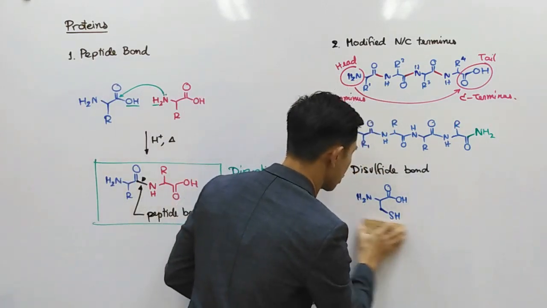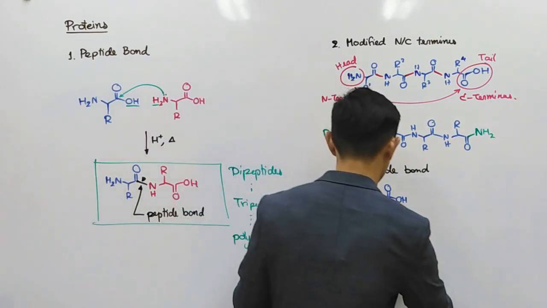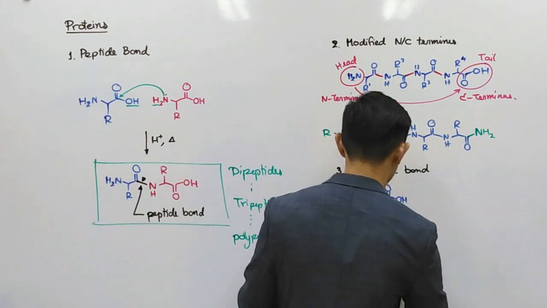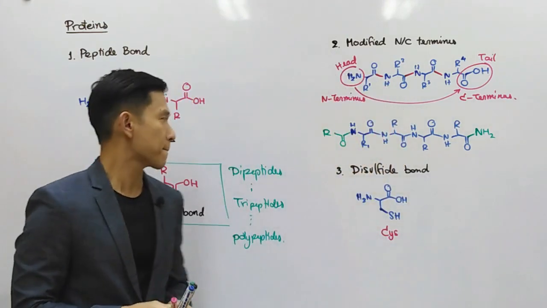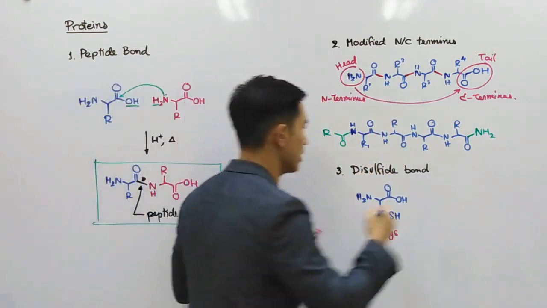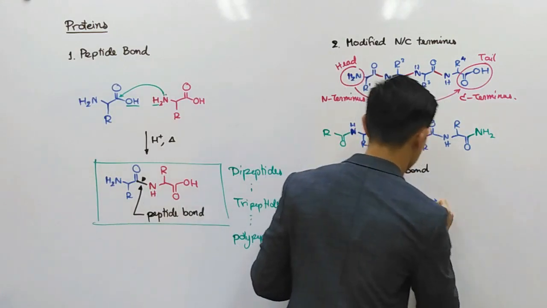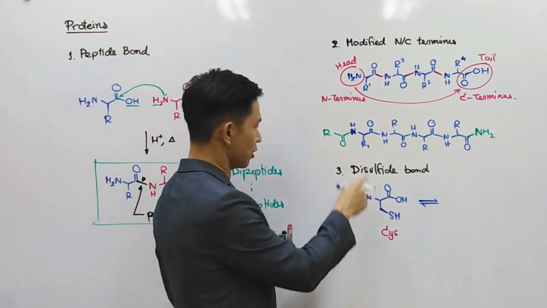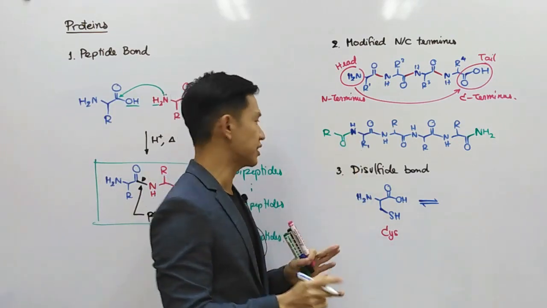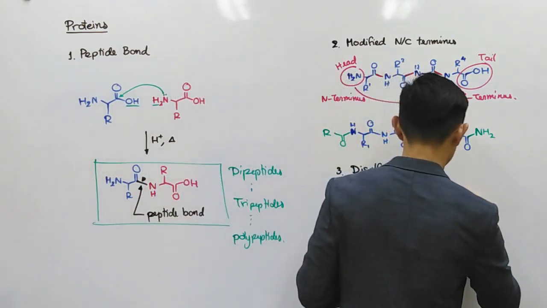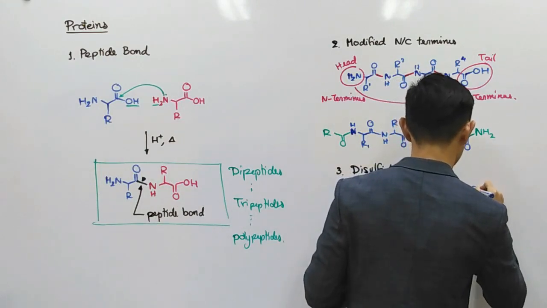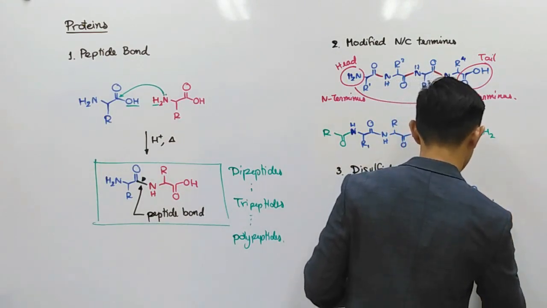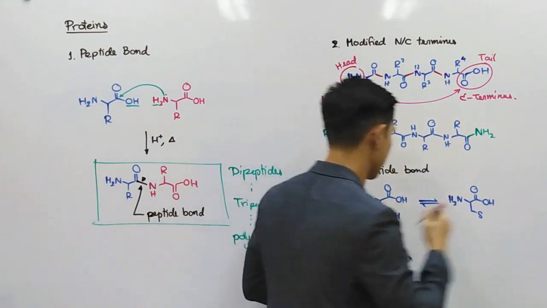Or we can make it short with the 3-letter abbreviation CYS. So cysteine can undergo coupling between themselves. If we have 2 cysteine units, the first cysteine unit and the second cysteine unit can link together by this kind of bonding.